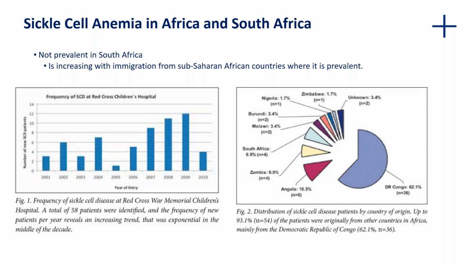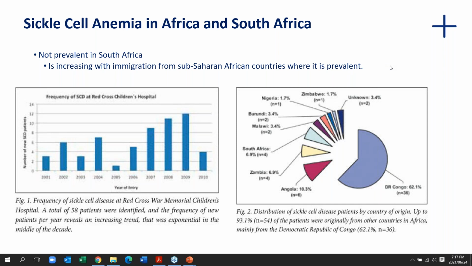Initially, sickle cell anemia wasn't really very prevalent in South Africa, but in the 2000s it certainly increased with increased migration from sub-Saharan African countries where it is very prevalent. On the right-hand side, you can see the Democratic Republic of Congo has a 62% prevalence of sickle cell anemia.